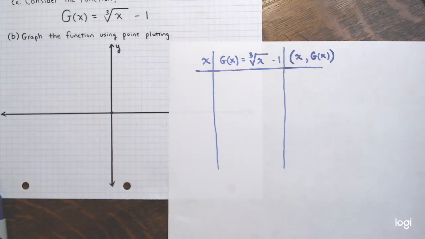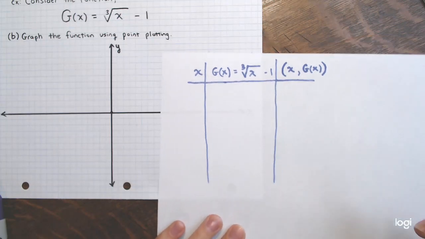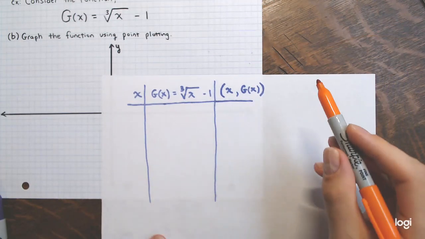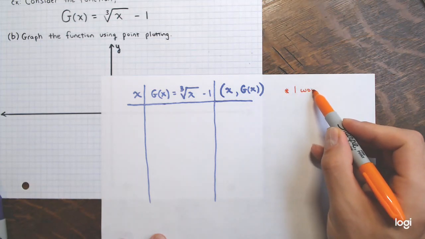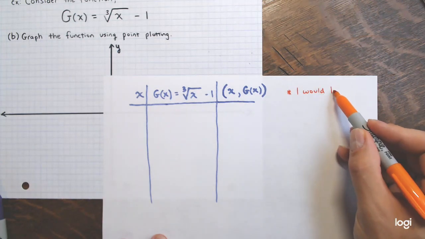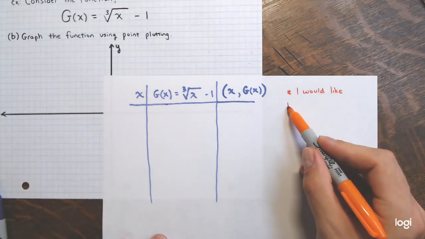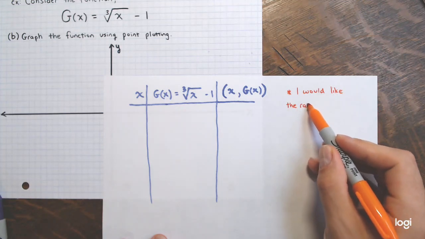And as with the square root, I did a video prior to this on graphing a square root function. Well, this is a cube root function, so I would like the radicand to be a perfect cube.